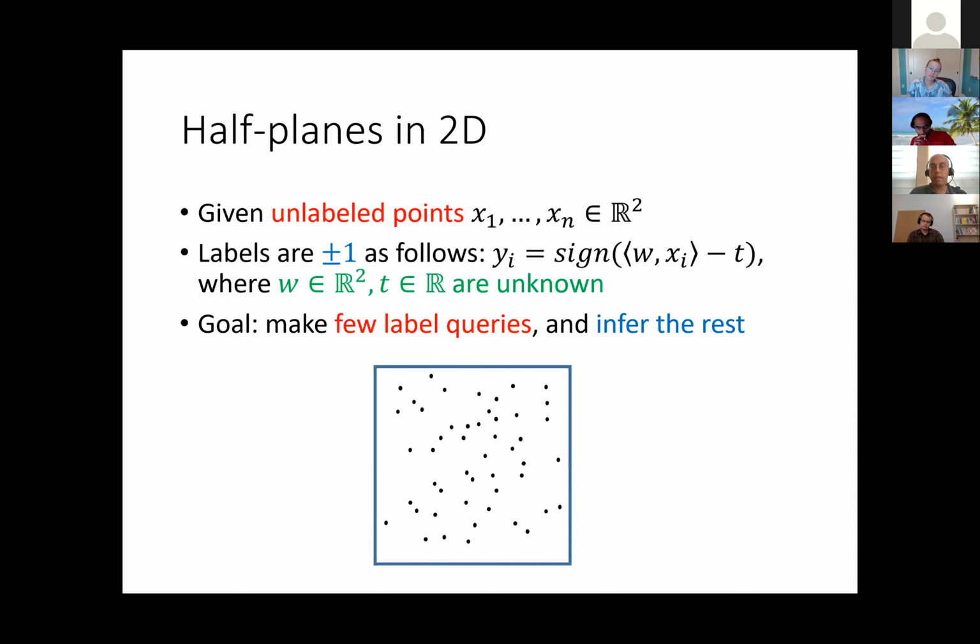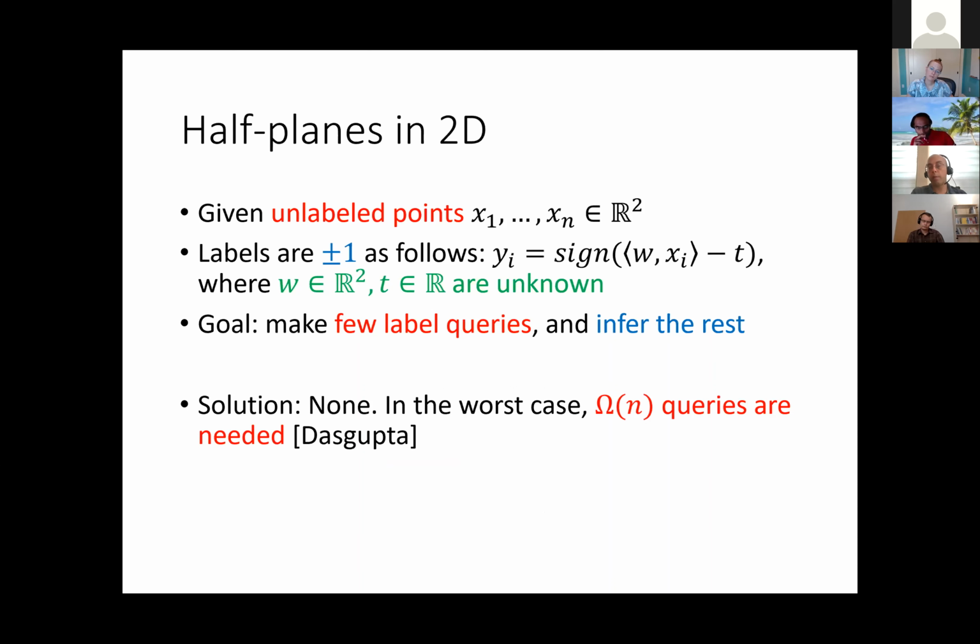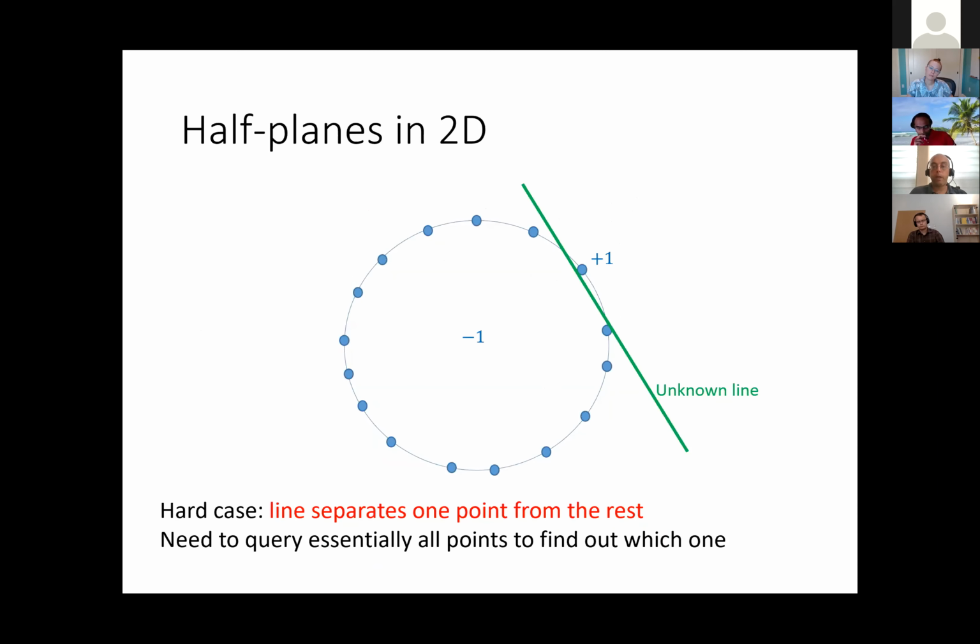But this picture is misleading because there are examples where you cannot do that. So I'm going to show you now an example where you need to query basically all the points. And here's the example. So imagine that all the points are sitting on a circle, or maybe more generally in convex position. And I'm giving you the promise that your unknown line separates exactly 1 point from the rest of the points.